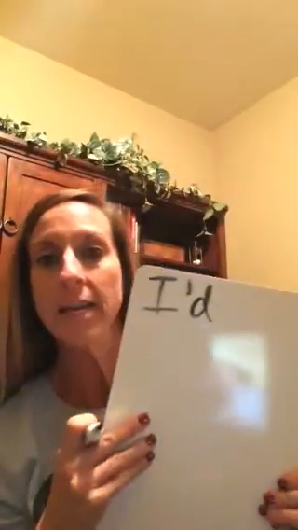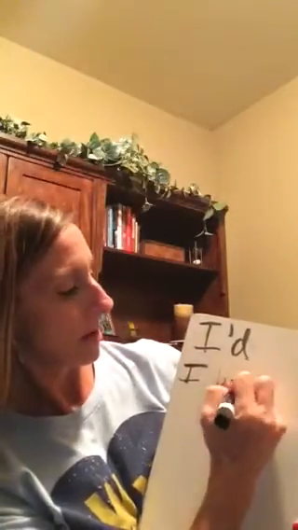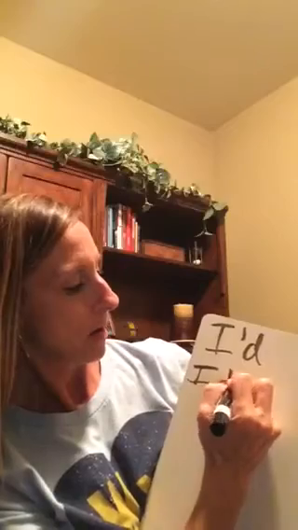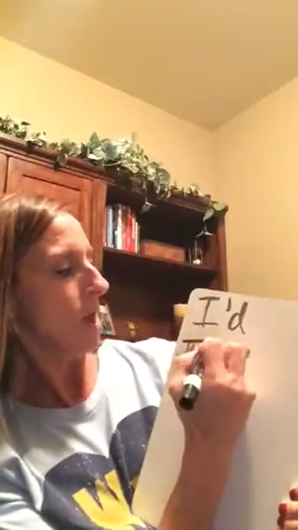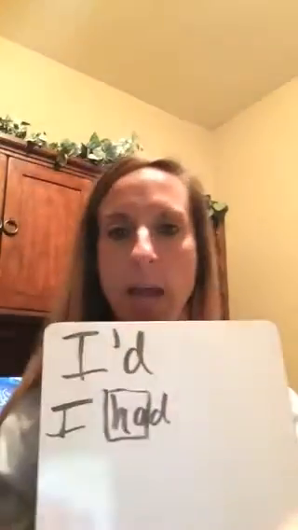We have the apostrophe D, like I apostrophe D, I'd, and I'd stands for I had. If you look right here, you can see that we left out the H and the A.